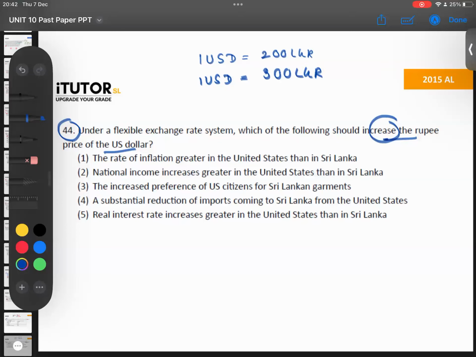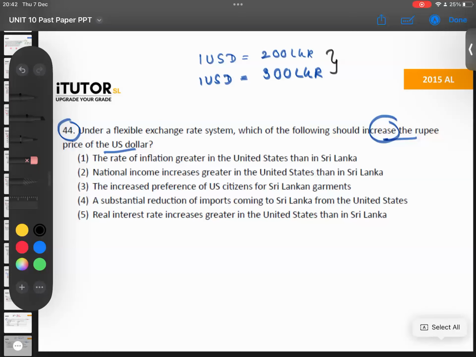So did you figure out how I read the question? They are saying which of the following should increase the rupee price of the dollar? So earlier the rupee price of the dollar is 200. Now increase the rupee price, so now, for example, 300. So then tell me, Lamai, is this an appreciation or a depreciation of the LKR?